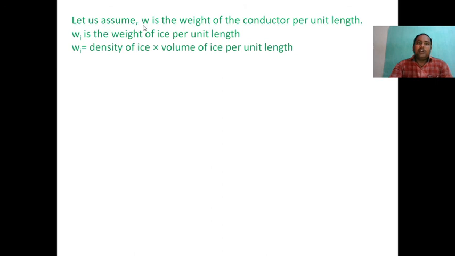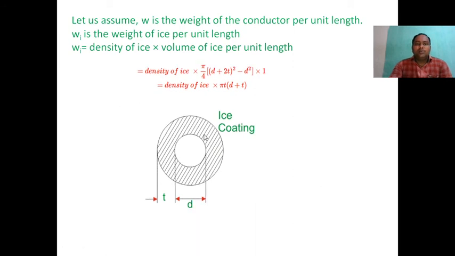Let us assume W is the weight of the conductor per unit length, and Wi is the weight of ice per unit length. The weight of ice is the density of ice times the volume of ice per unit length. Please observe: this is the ice coating thickness t, and d is the diameter of the conductor.